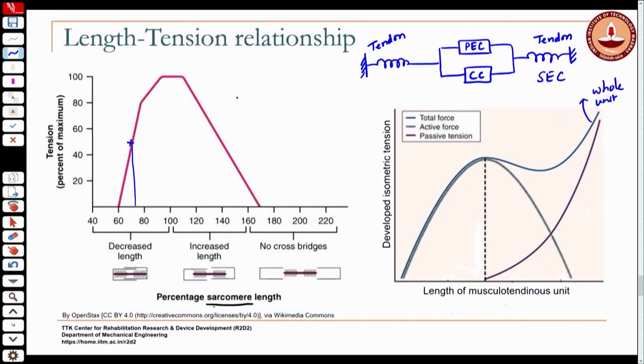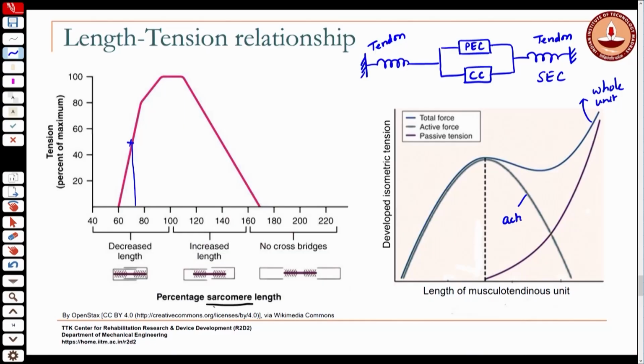You keep the sarcomere at a particular length and see how much force is developed. Now, that is the same thing that we are doing for the whole unit. Initially, when it is less than the resting length, the only thing that can develop tension is the active part because of the stimulus. So, there is no contribution from the passive elastic component there.